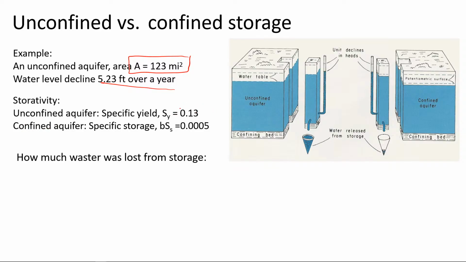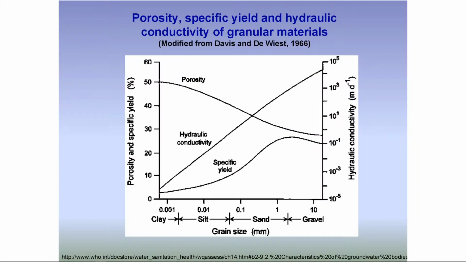Remember, like I showed you, we know these ranges before. If you remember it, let me show you where we get this specific yield from. We've seen this before. Let me show you an example here. You remember something like this? Yeah. Hydraulic conductivity. Specific yield. So you remember the specific yield for different materials: clay, silt, sand, and gravel.